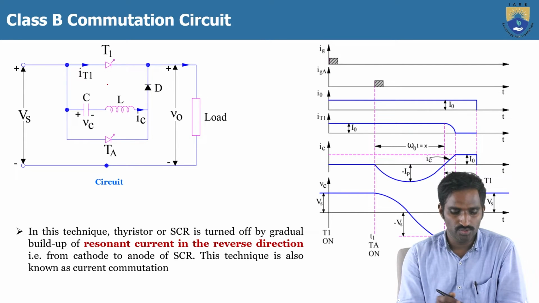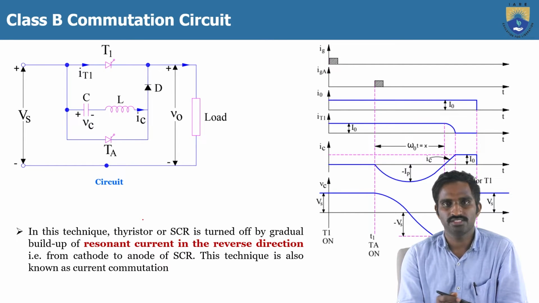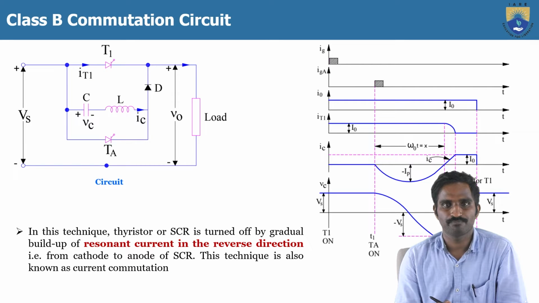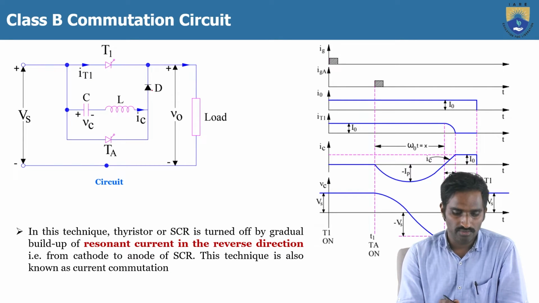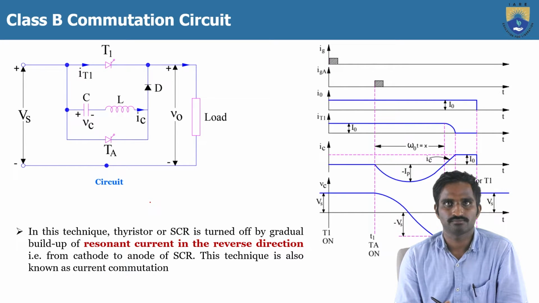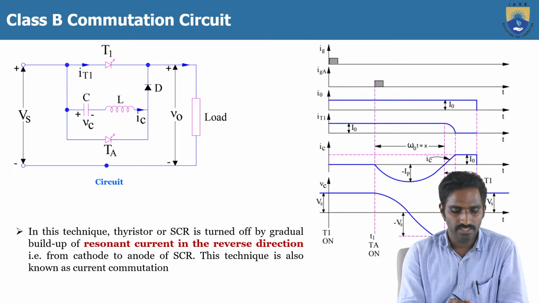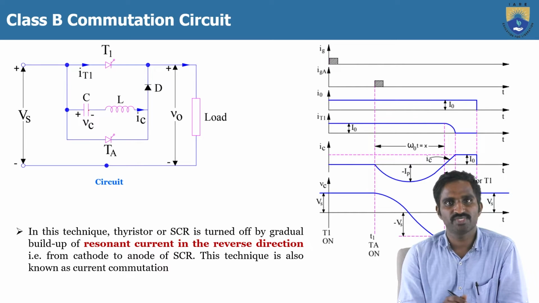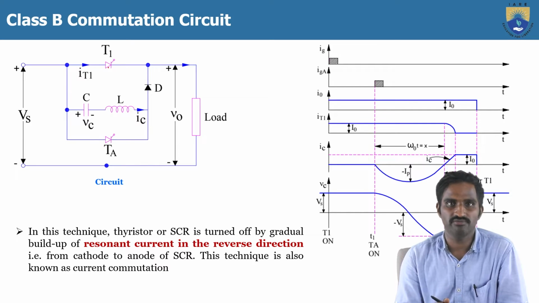Here we are using two thyristors, thyristor T1 and thyristor TA, and also one diode, one inductor and a capacitor. Of course, the inductor, capacitor and diode have a specific role to turn off the thyristors T1 and TA.